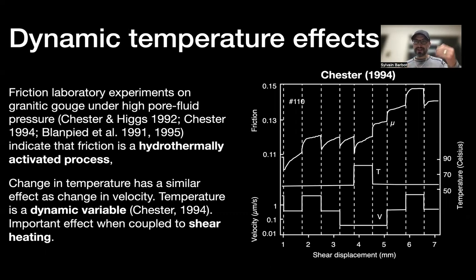You see a direct effect followed by an evolutionary phase. But the effect is almost equivalent when you keep the velocity constant and impose a different temperature. There's also a direct effect and an evolutionary phase. This demonstrated clearly that you can think of friction as a rate-state, but also temperature-dependent process.